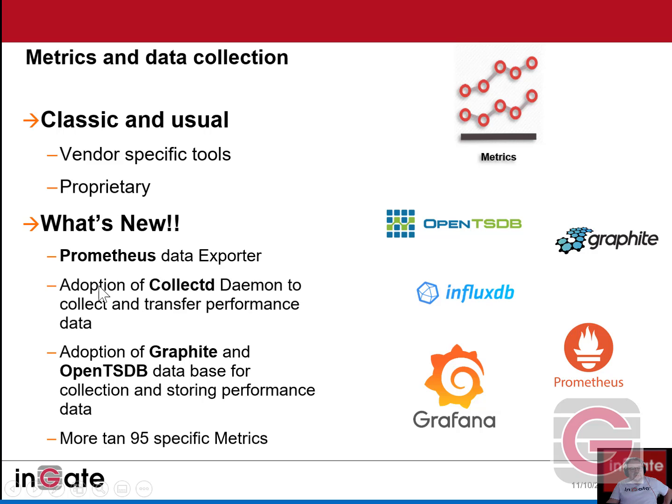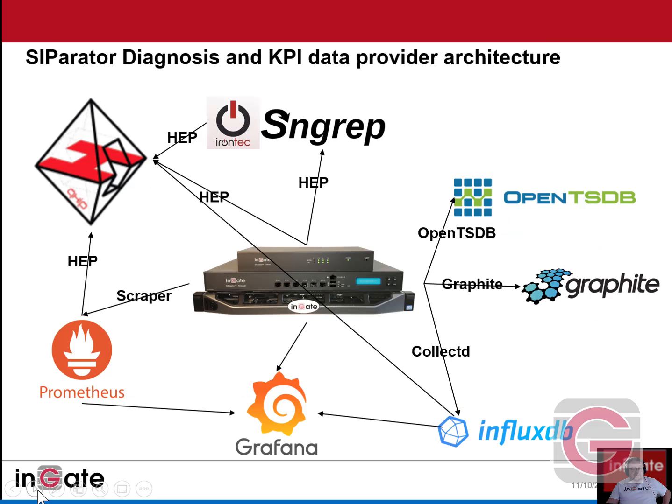So this is what we added in the SIParator: Prometheus, collectd, Graphite and OpenTSDB. And we have created more than 95 specific metrics. All those metrics are available for collection.